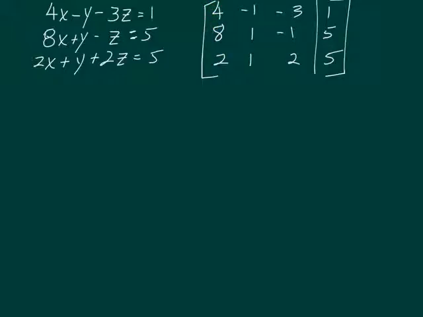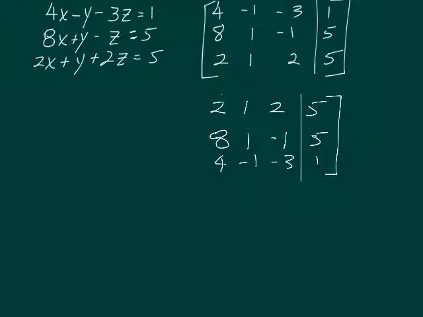So if I do that, I would get 2, 1, 2, 5, 8, 1, negative 1, 5, and then 4, negative 1, negative 3, and 1.